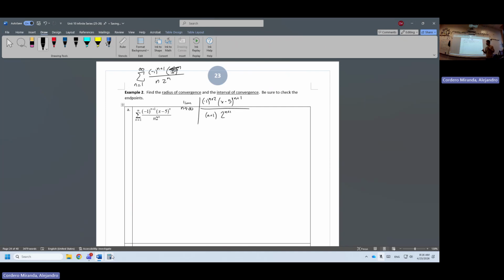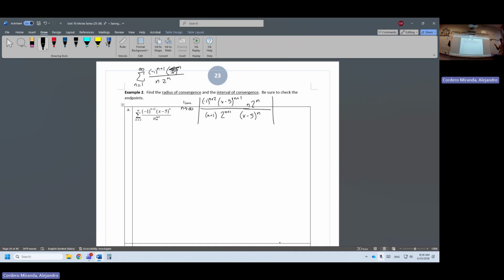But I don't want to waste all that room on writing a fraction underneath. So let me do the keep change flip right off the bat. So keep change flip would put this on top and that on the bottom. So just flip the fraction, obviously. Like that.